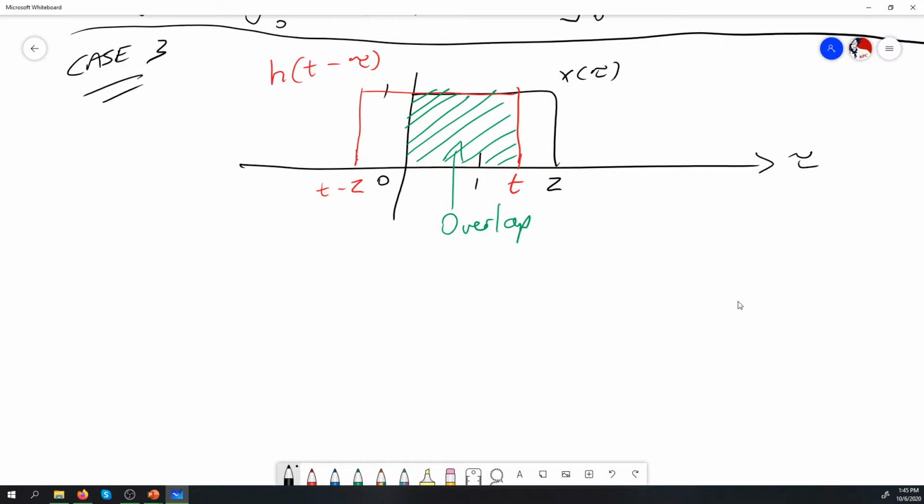So we see t here, and we know t has crossed this 1 mark. So we basically say t must be more than or equal to 1. But t hasn't crossed the 2 mark for x of tau, so t is less than 2. If we combine the two inequalities, we get 1 less than or equal to t less than 2.